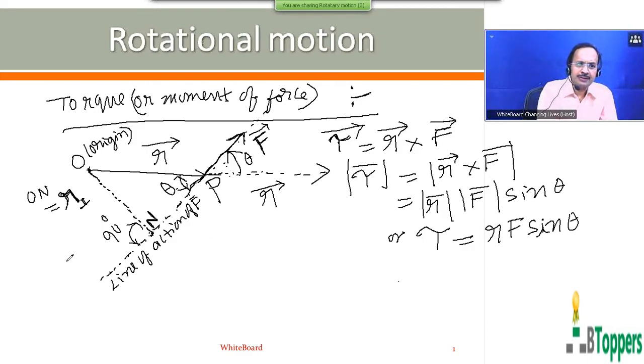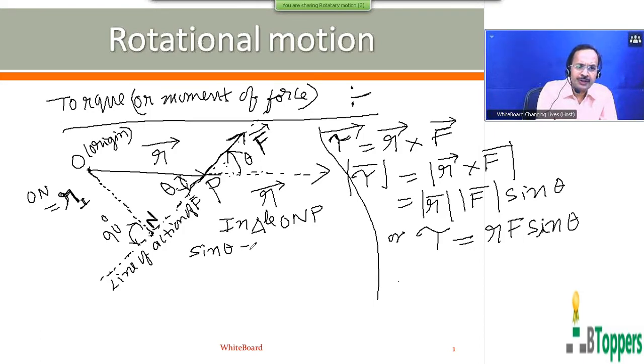So in this triangle ONP, sin theta is equal to the length of the side opposite theta divided by the length of the hypotenuse, that is ON by OP.